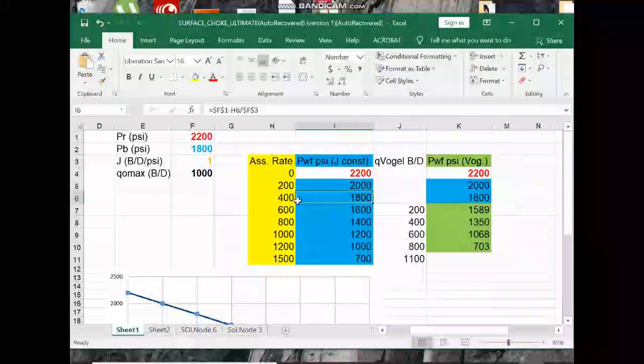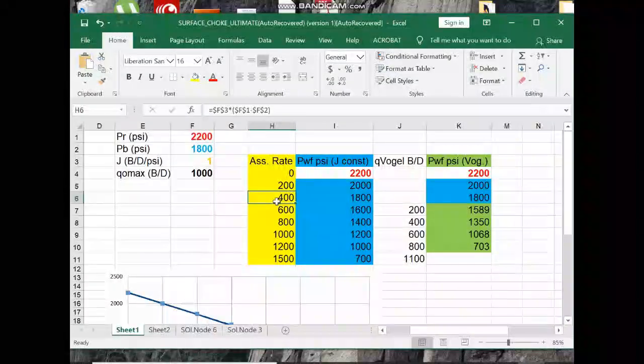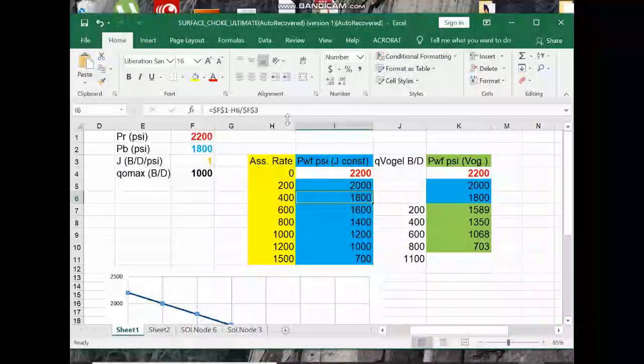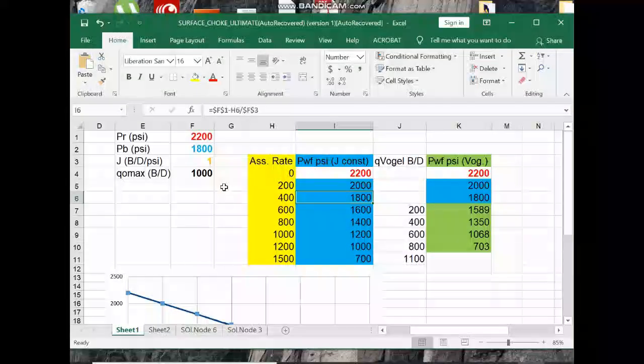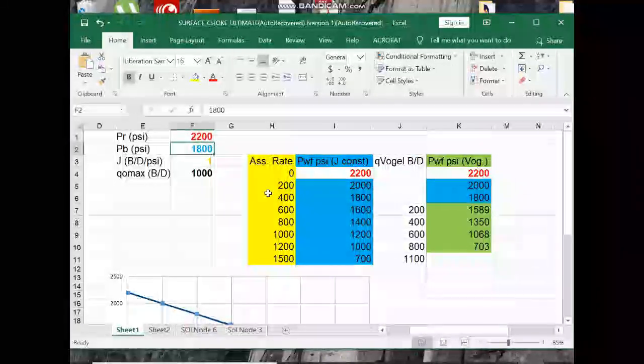Okay? Then you assume 400, another 200 barrels per day. But when we assume 400 barrels per day, the pressure we get is 1800 psi, which is the PB. That means by right we should stop J constant.